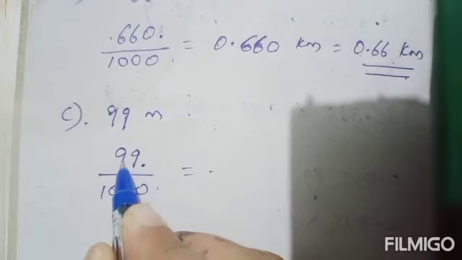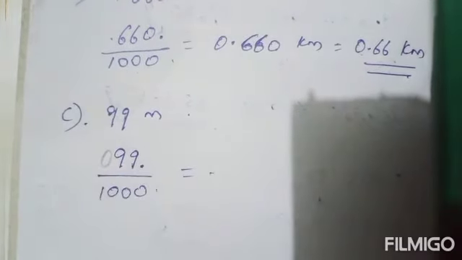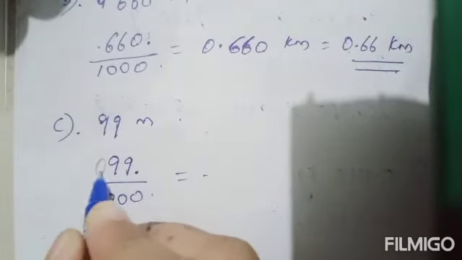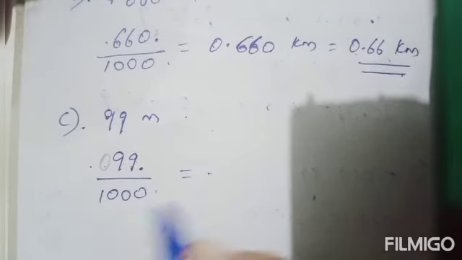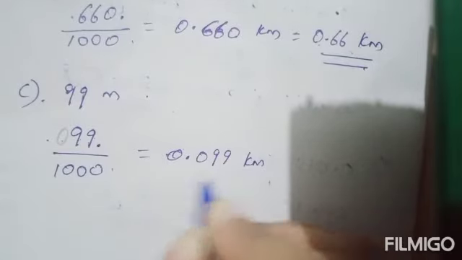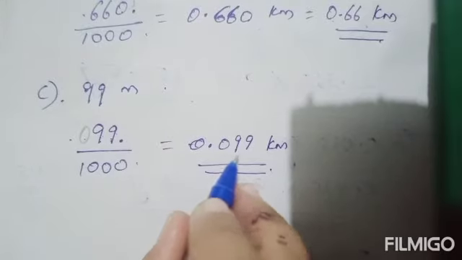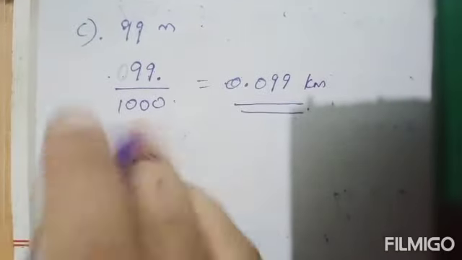So this is 1, 2. Third place you have to put 0. So 1, 2, 3. Here will be the new decimal point, that is 0.099 kilometer. 99 meter means 0.099 kilometer.